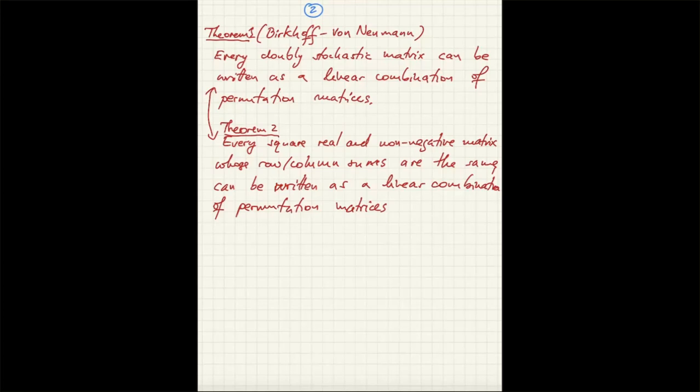And what you have is that your original matrix is 100 times a doubly stochastic matrix, which by theorem 1 can be written as a linear combination of permutation matrices. And that does the proof. So we'll prove theorem 2. Sometimes this happens in mathematics. You prove a generalization or an extension of a result, which makes it a bit easier to actually prove the result. In this case, it doesn't matter. They're equivalent.